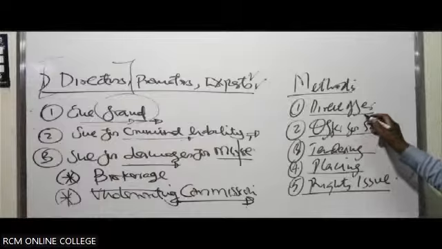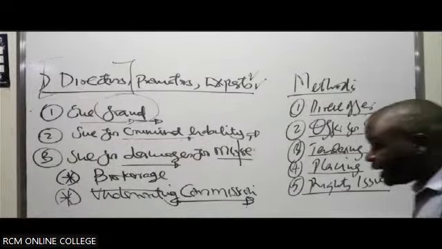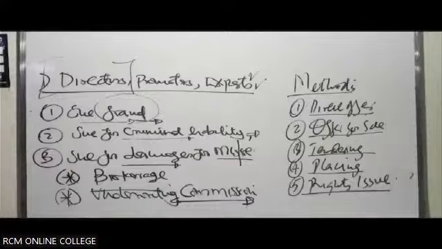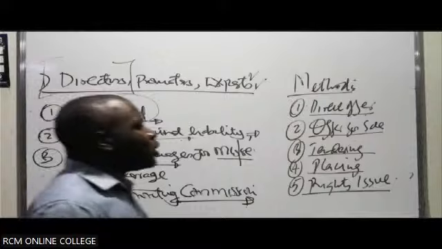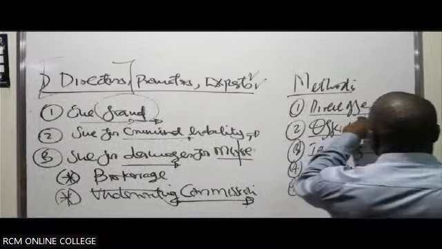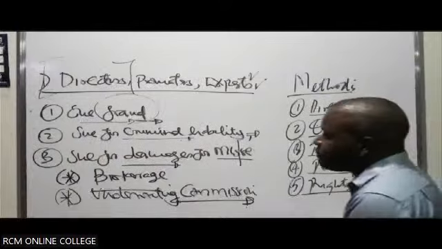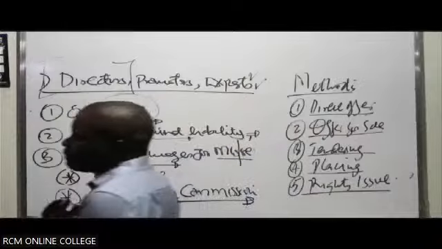When you talk about a direct offer, it is where the company itself directly sells the shares. They do a direct offer by selling the shares by themselves, as the company. So the company will fully be involved in preparing the prospectus. Then they issue out the prospectus, and eventually they invite people to buy the shares.